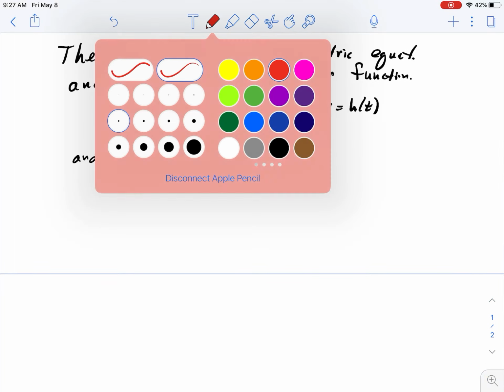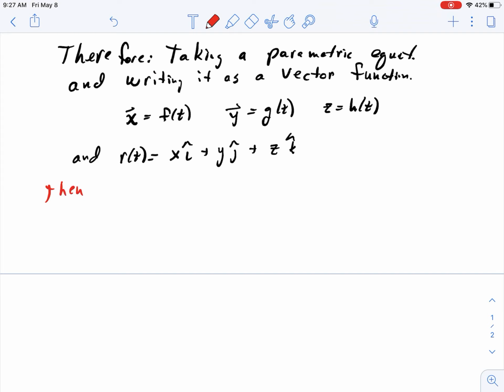Then my vector valued function is basically this.